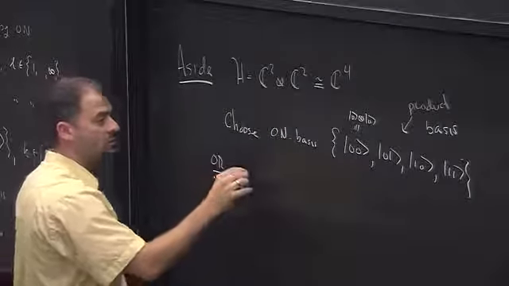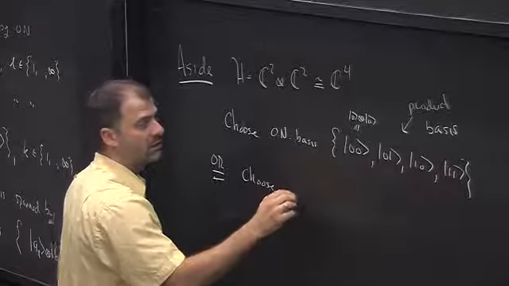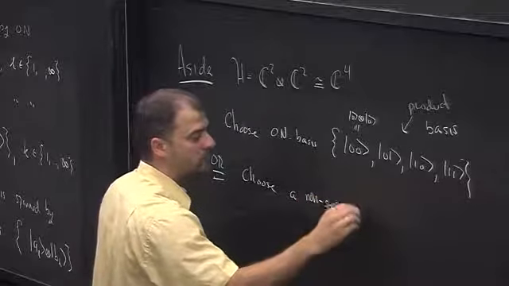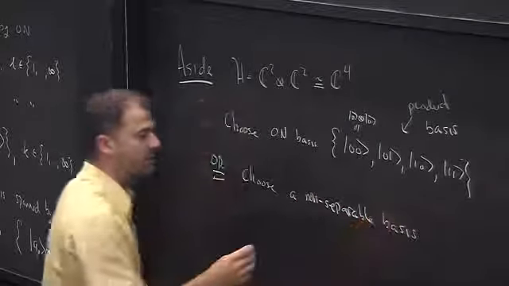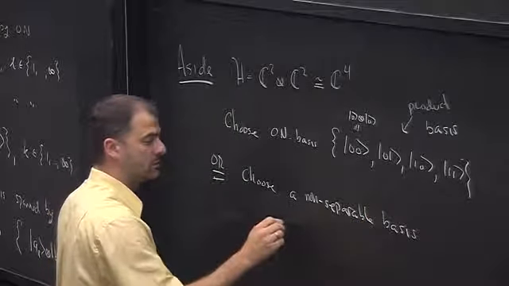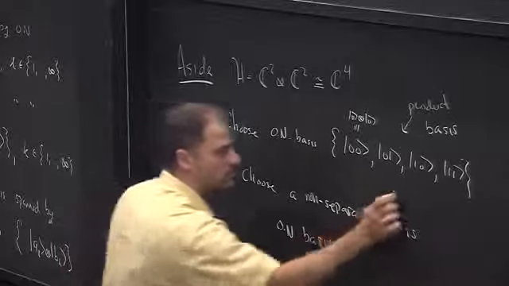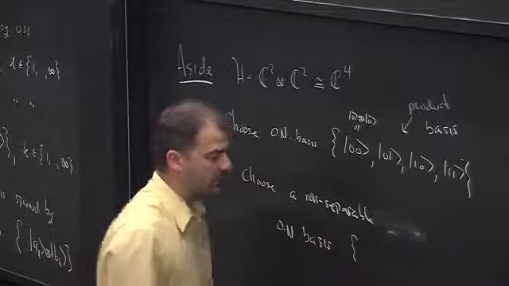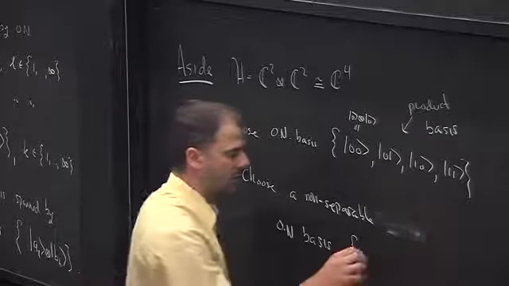So then, or I can choose an entangled basis. I can choose a non-separable orthonormal basis, which would be something like the Bell states. So what is it?